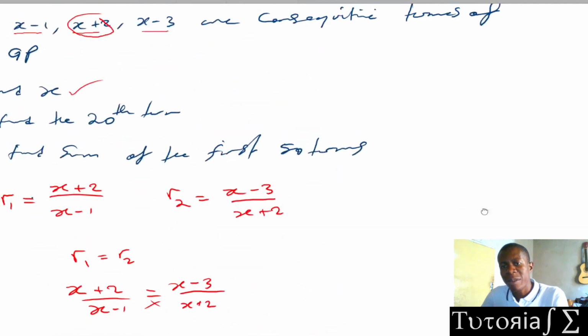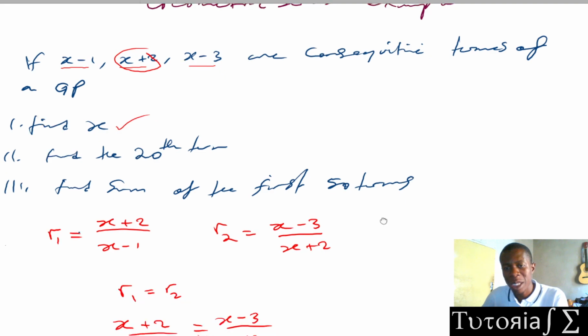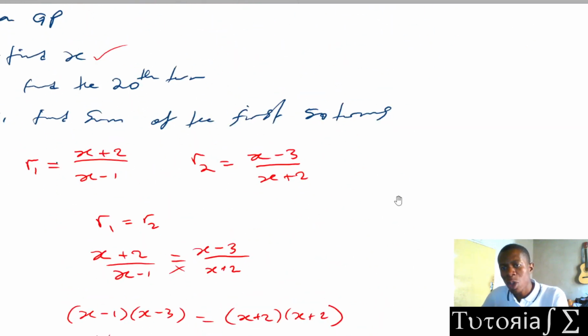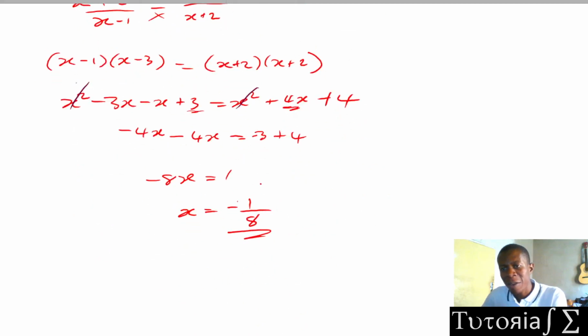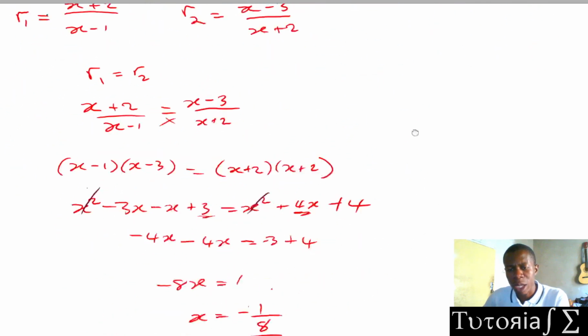So you have done the value of x. Then from there, you find the 20th term. I'm going to leave these two questions to you. So what you do is you have the value of x. So you say the series is x minus 1, x plus 2, and x minus 3.